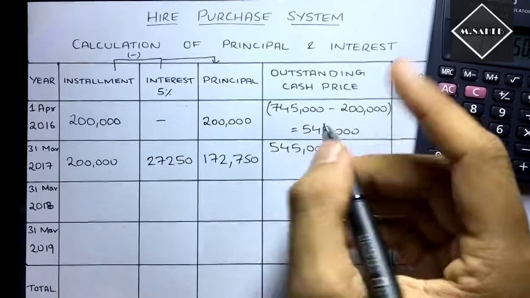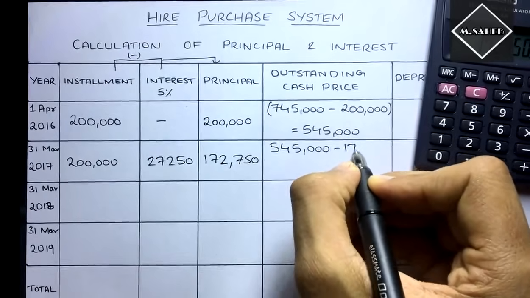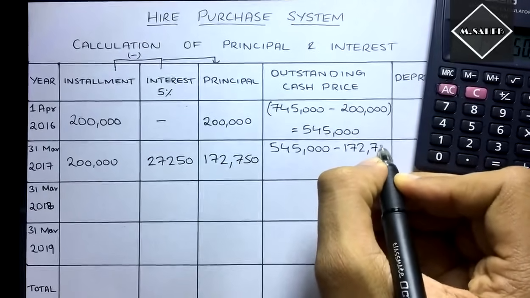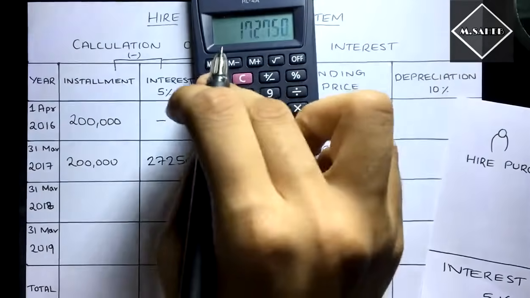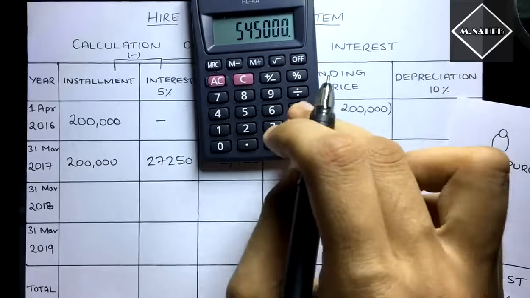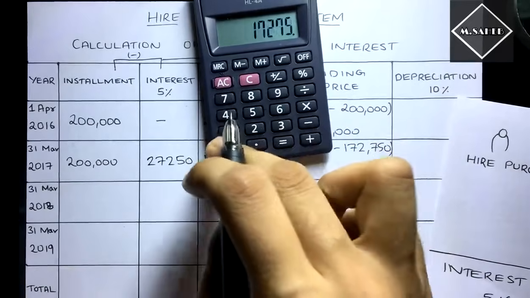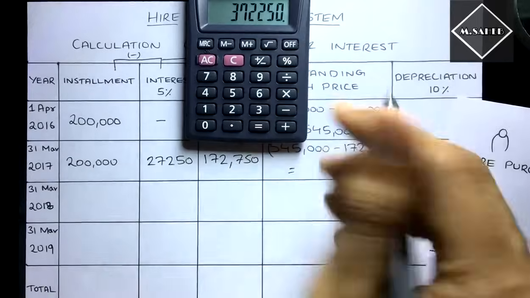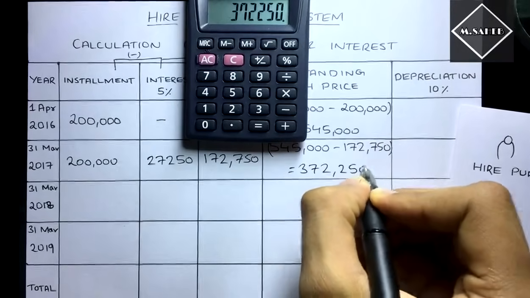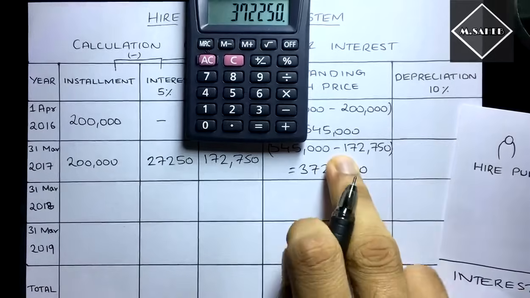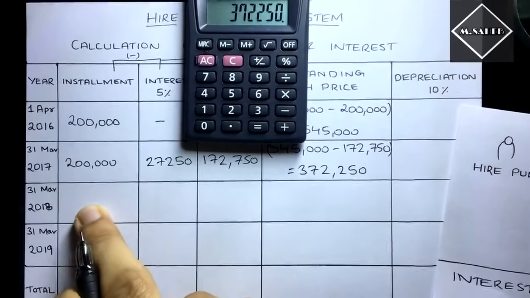So you take 5,45,000 minus 1,72,750, right? So let's calculate that: 5,45,000 minus 1,72,750 is equal to 3,72,250. And then you have to go to the next year.